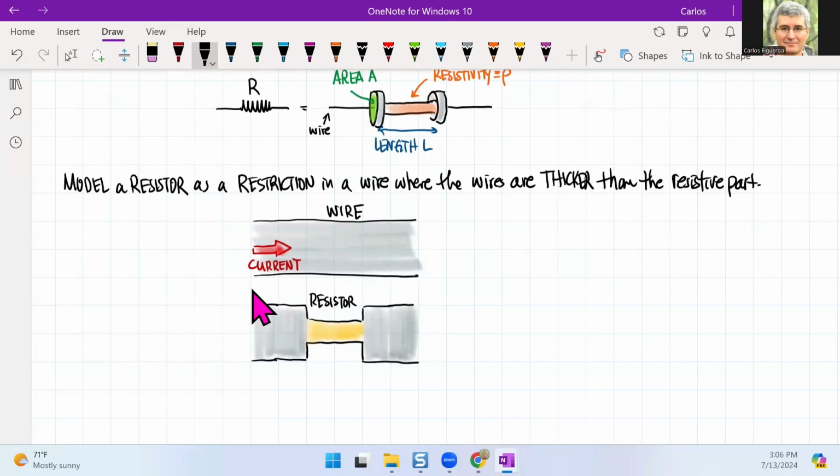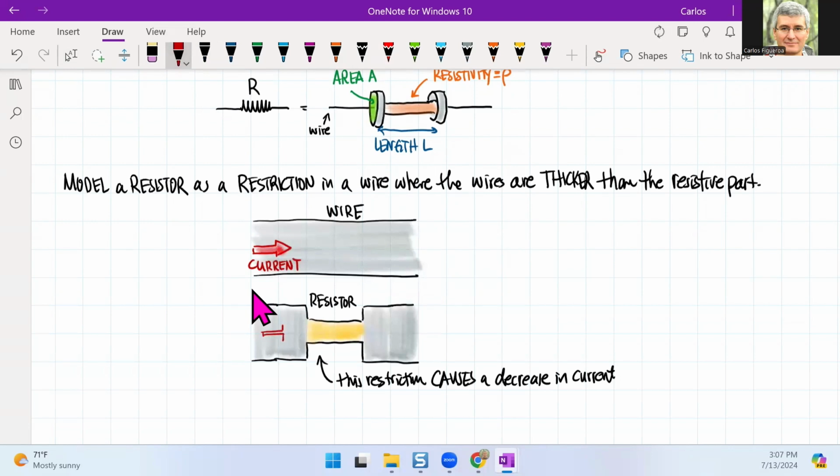And what you're going to see here is that this restriction causes a decrease in current. So again, I still have current coming in here, right?